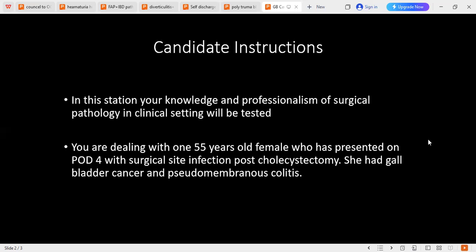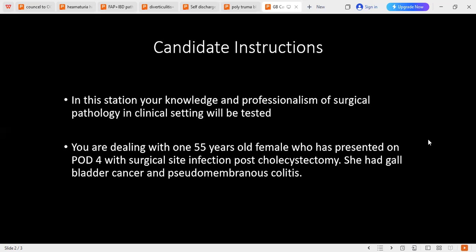What would be the indications that you would operate on the patient again? For gallbladder cancer, that has already been done. Now you would want to manage the patient, or what would you do next?